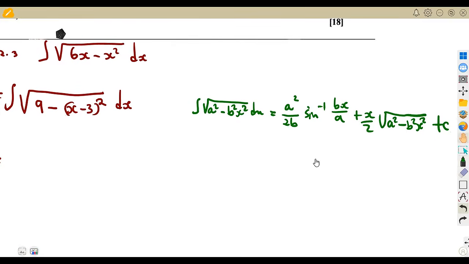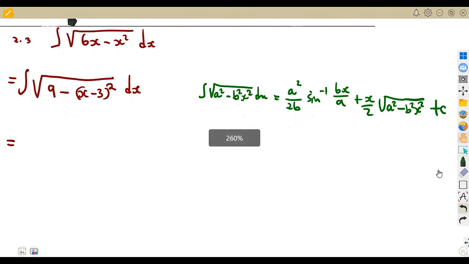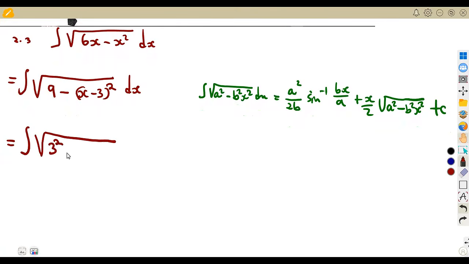So the question is, are we able to have this in the same way? Yes, it's possible. Because 9 is the same as 3 squared, so the square root of 9 is the square root of 3 squared. Minus, do we have a b squared? If that term is not there, b is a constant, so you write it as 1.